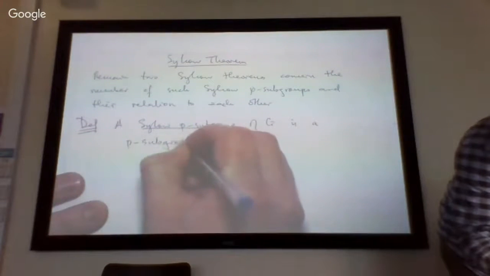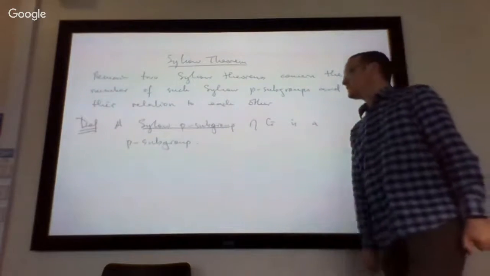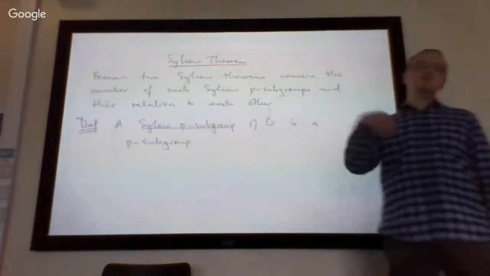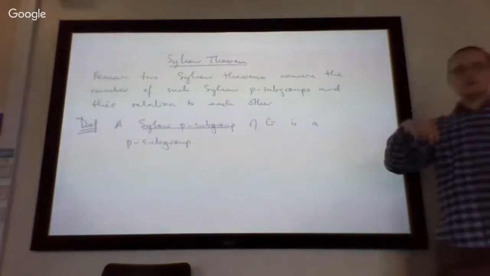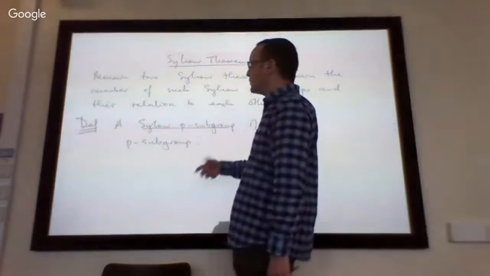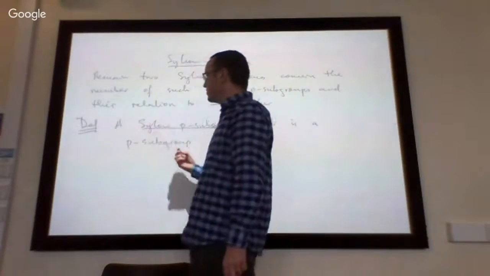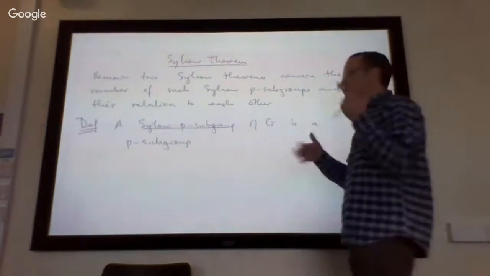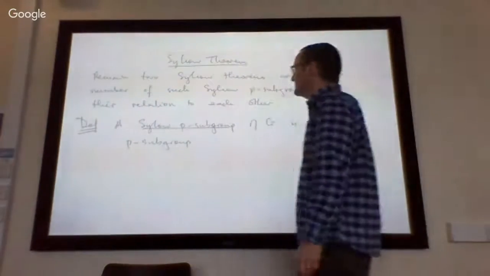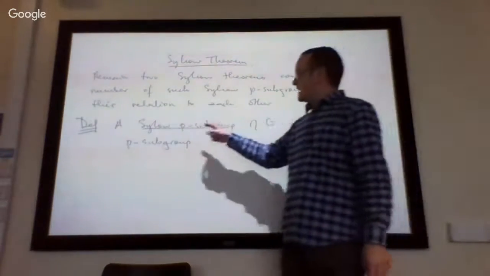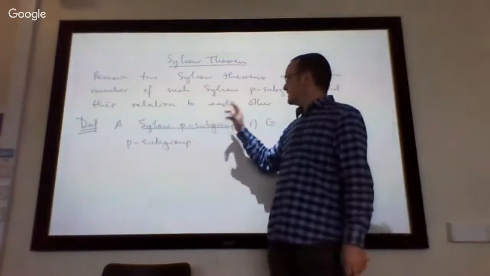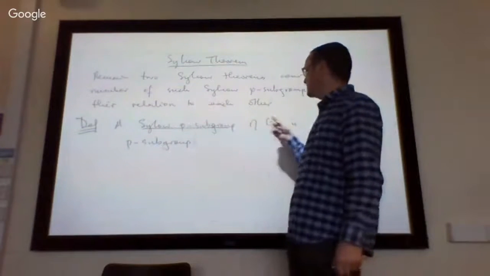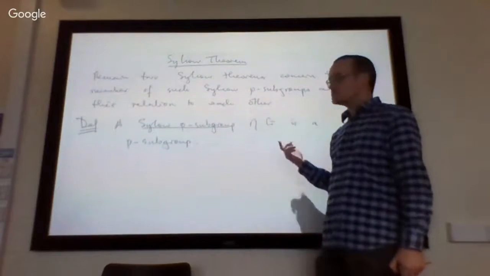Remember, a P group, by definition, is a group all of whose elements have order some power of P. Additionally, we now also know that for any P group, the order of the group, the number of elements in it, is itself a power of P. So everything's to do with P and powers of P. A P subgroup of G means a subgroup that is a P group, and it has size a power of P, so this power of P must divide the size of G by Lagrange's theorem.